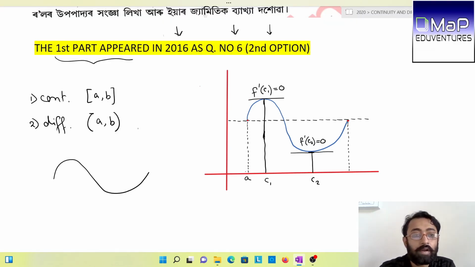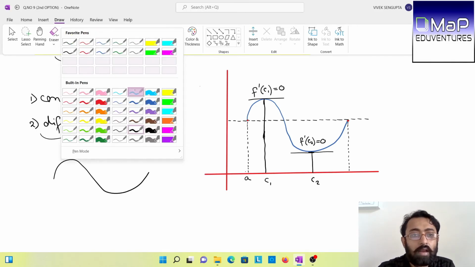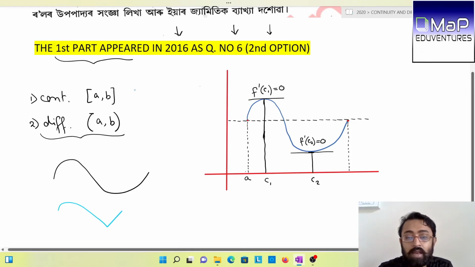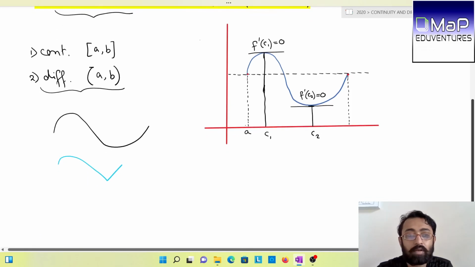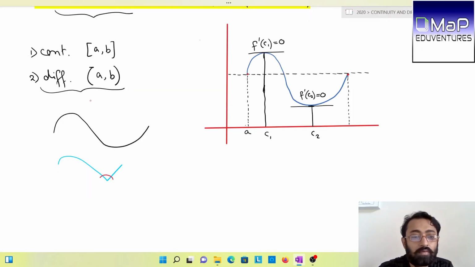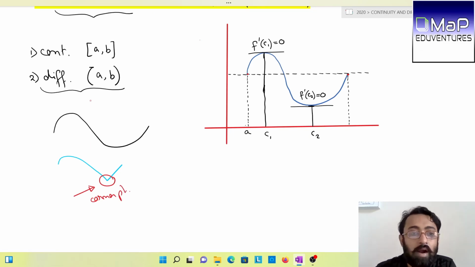Now it has to be differentiable in the open interval a comma b. That means when is the function differentiable? The function is differentiable when the curve does not have any corner points, they are called corner points. Notice that in our curve we have no sharp points.